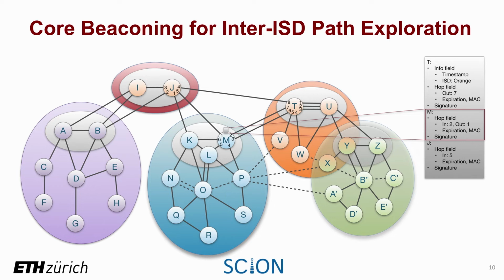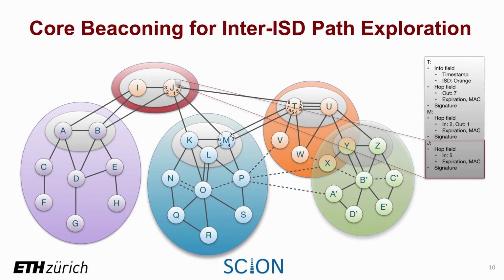AS M receives this PCB and sends it on to AS J. And so in this case, M again adds its own name M, the hop field encoding the fact that the PCB was received across interface identifier 2 and exiting across the link that is associated with interface identifier 1. Again, M also adds an expiration time and a message authentication code.